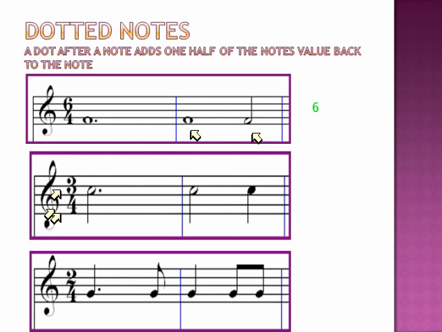And here is the half note over here. So if the half note equals 2 beats, then half of 2 is 1 beat, and a quarter note is 1 beat. So I'm adding 1 beat, or a quarter note, back to the half note for the total of 3 beats. So the dotted half note equals 3 beats.